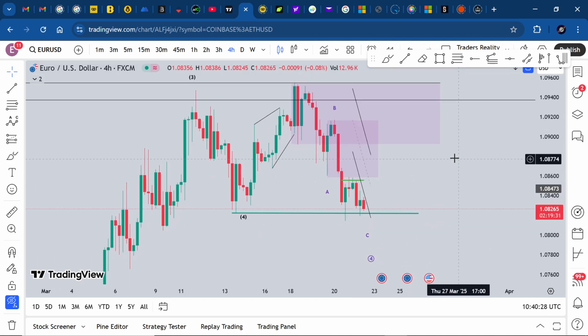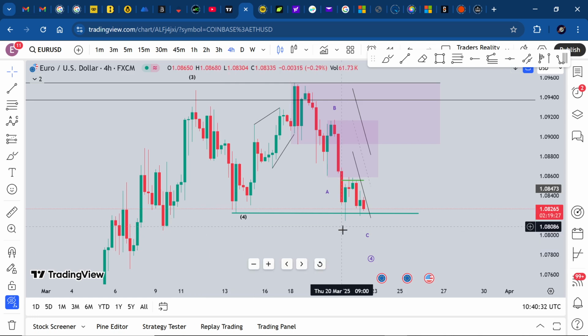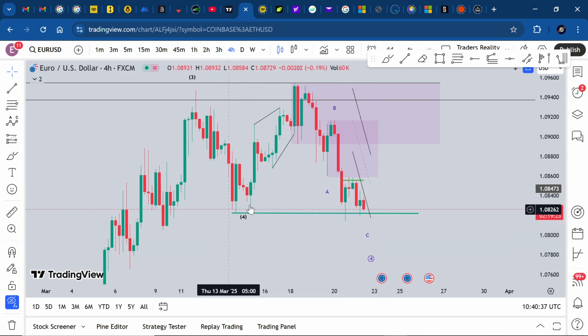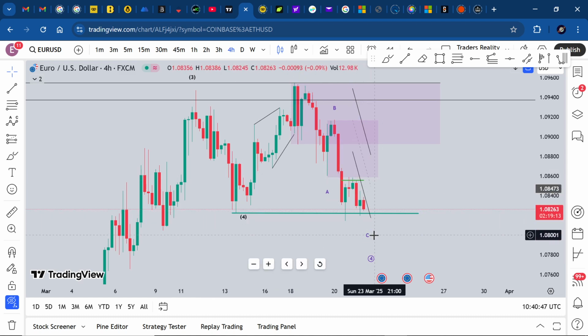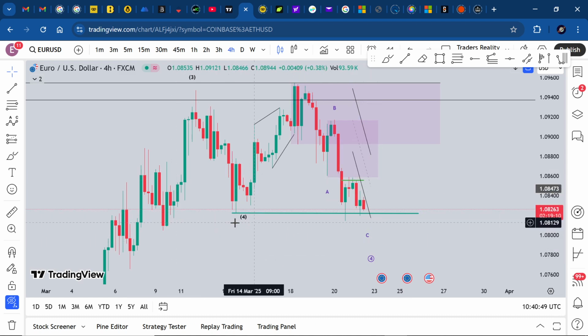But now we do have a supply zone that has caused a break of structure. Okay. You might say it's just a wick, but it went below there. So we took out demand. Demand is here. We took out the demand at this level. On top of that, if we go down again, we don't know if we're gonna tap this one and manipulate this one.